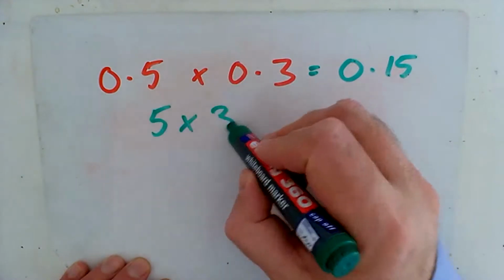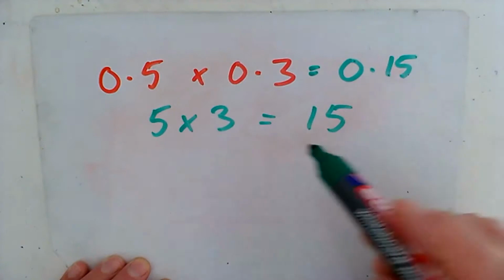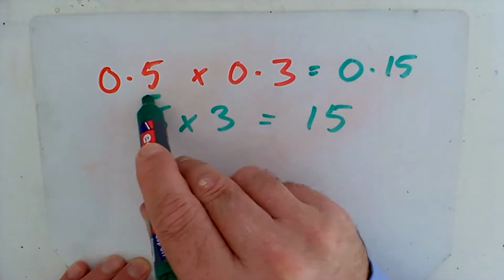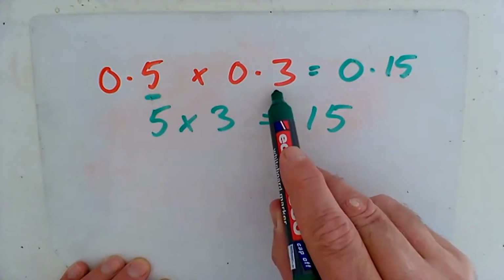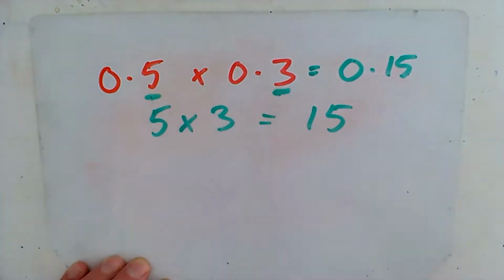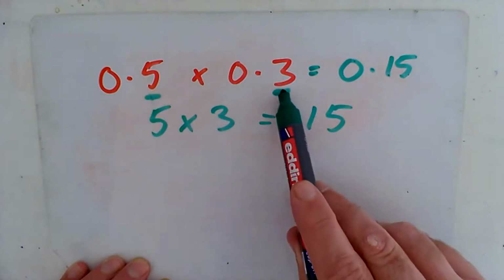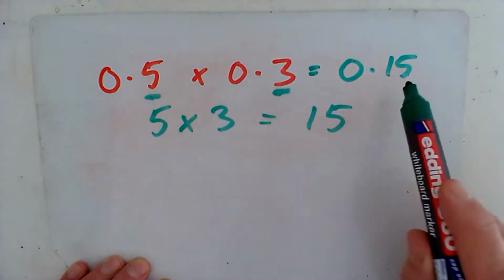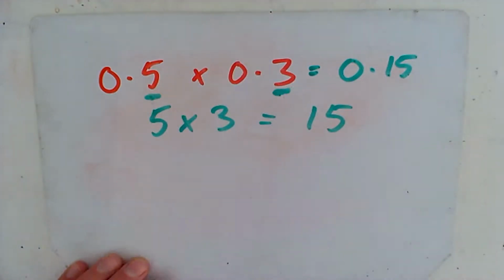That leaves me with 5 times 3, and 5 times 3 is 15. Then I go back to my original question and I look at both numbers and add up how many numbers are after the decimal point in the question. It's one number after the decimal point there, another one there, so there are 2. There are 2 numbers after the decimal point in the question, so there need to be 2 numbers after the decimal point in the answer.